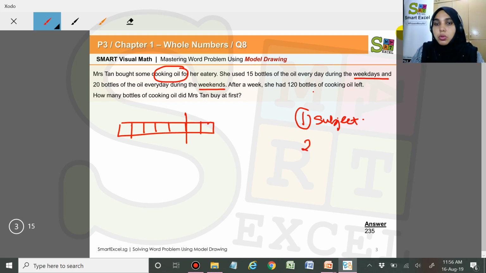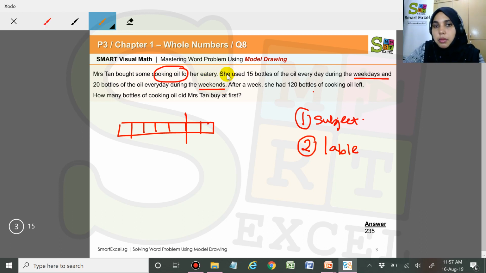Alright, so number 2 is to label. Okay, we label. So every piece of information inside this question, we label it inside the model. Alright, the first statement is just about Mrs. Tan buying some cooking oil as itinerary, so it's not much information there.